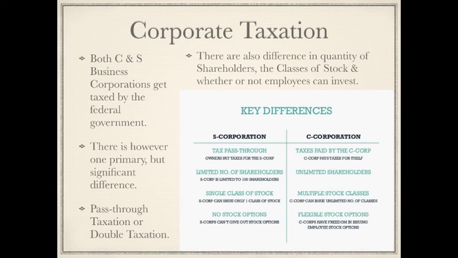And the C Corp, basically it's double taxed because the corporation pays taxes for its own existence, but then also the individual, that counts as income for the individual, so it's taxed again. So the C Corp basically is taxed twice. The S Corp is only taxed once through your personal income.